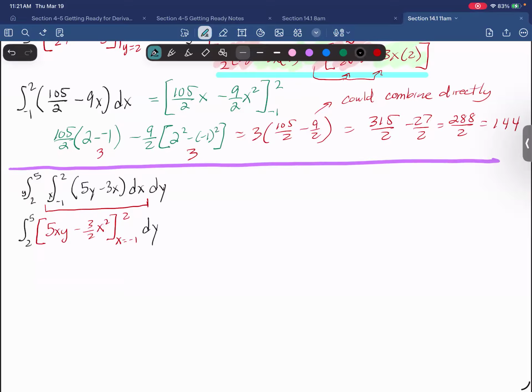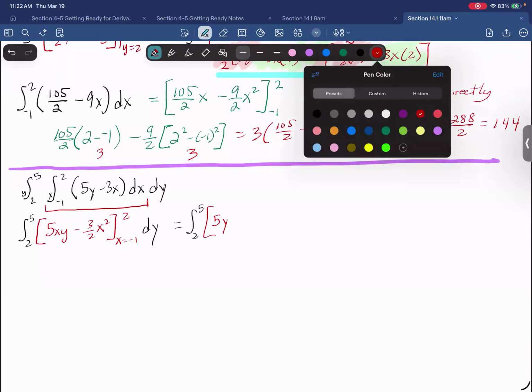Still have our dy. Oop, that's 5y right there. The y is not changing. The x is changing right now.